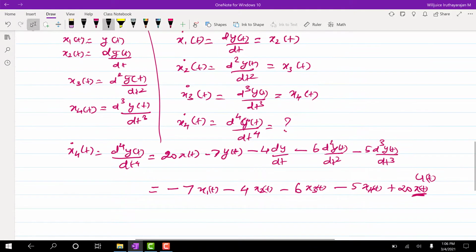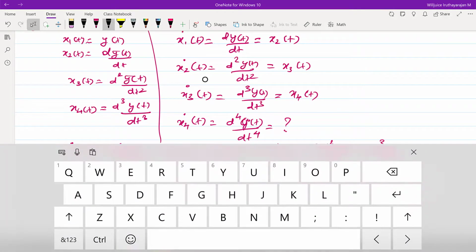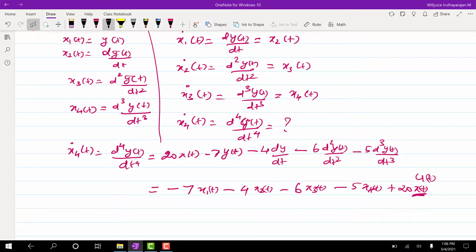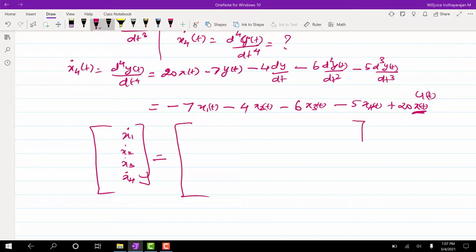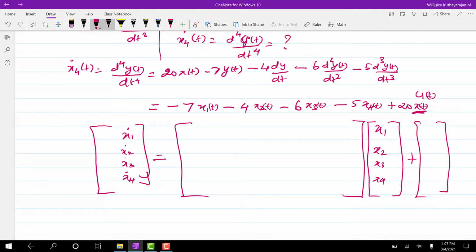So these four equations, x1 dot of t, x2 dot of t, x3 dot of t and x4 dot of t, can be written in matrix form. x1 dot, x2 dot, x3 dot, x4 dot is equal to the state vector x1, x2, x3, x4 plus u.